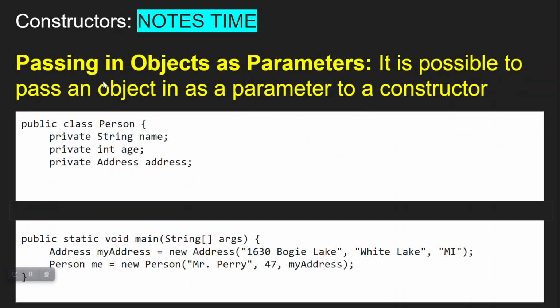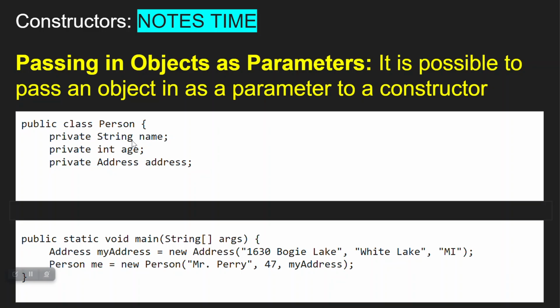And then finally, we're going to look at an interesting concept. Sometimes you can pass in objects as parameters. It is possible to pass an object as a parameter into a constructor. So for instance, we can look at this person class up here. Public class person. Normally we think of private instance variables as just being your basic data types.